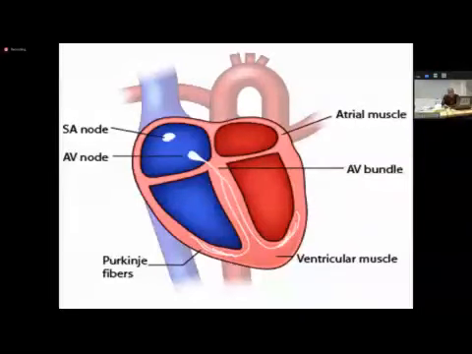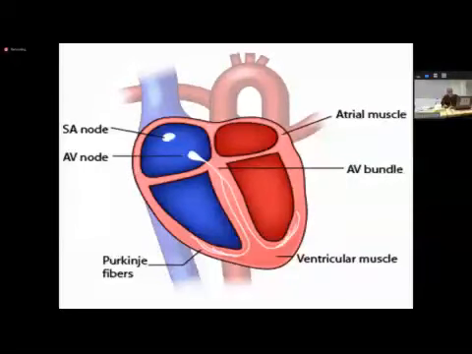The sinoatrial node is the first part of the specialized excitatory and conducting myocardium. As I said, this is present at the superior lateral wall of the right atrium, near the opening of the superior vena cava. Sinoatrial node is a specialized type of cells collected at one place in the form of a node. This has got the maximum number of gap junctions all over the heart, 1.